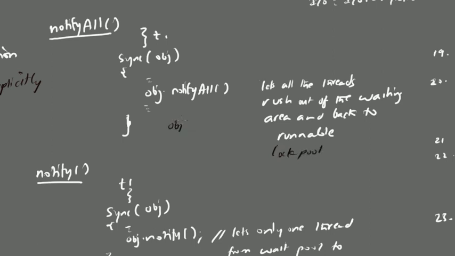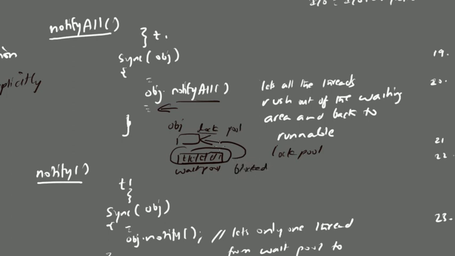So if obj1 had a lock pool and had a wait pool with threads waiting, right, when this is invoked on obj1, then all these threads would be moved to the lock pool. So all these threads would be in blocked state waiting for the lock.